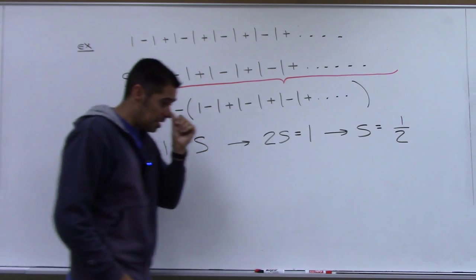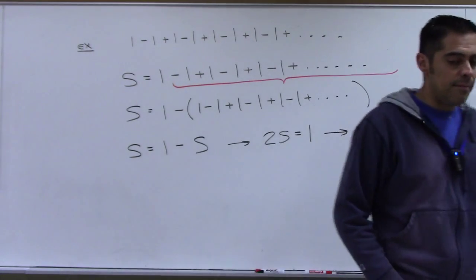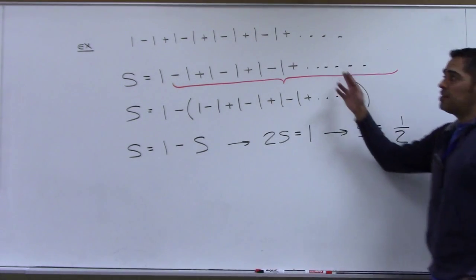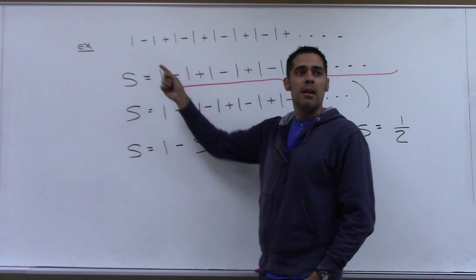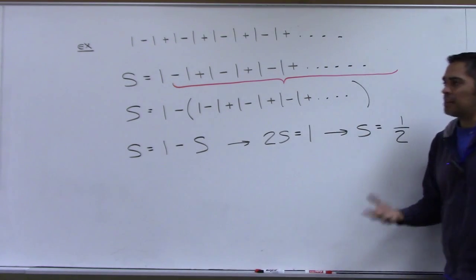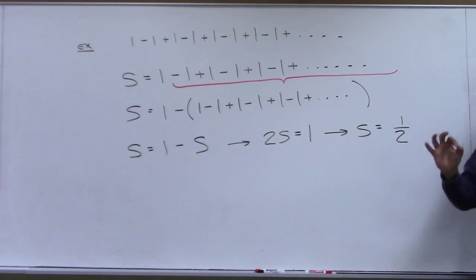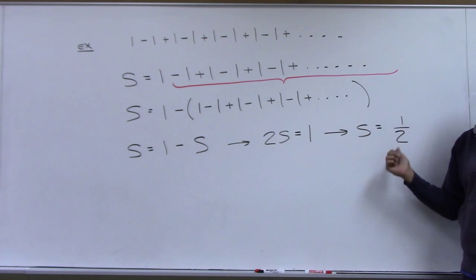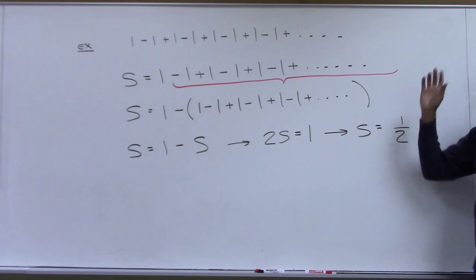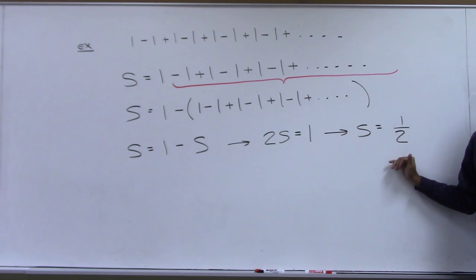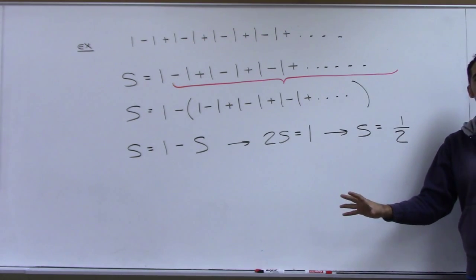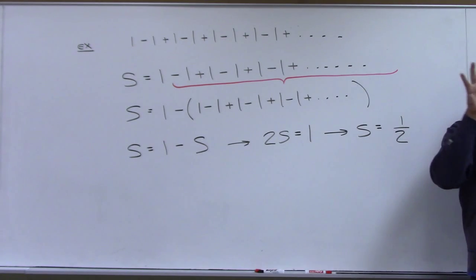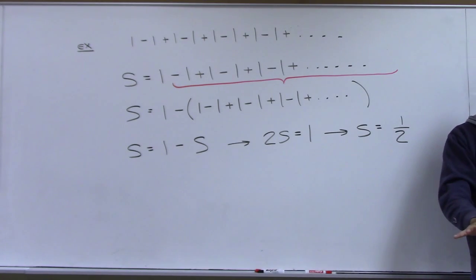In physics, there are problems that come up where they get this alternating series. And everything that they show experimentally works if they replace that series with 1/2. It's an infinite series, but if they replace that infinite series with the number 1/2, everything that happens mathematically matches what happens in the experiment.